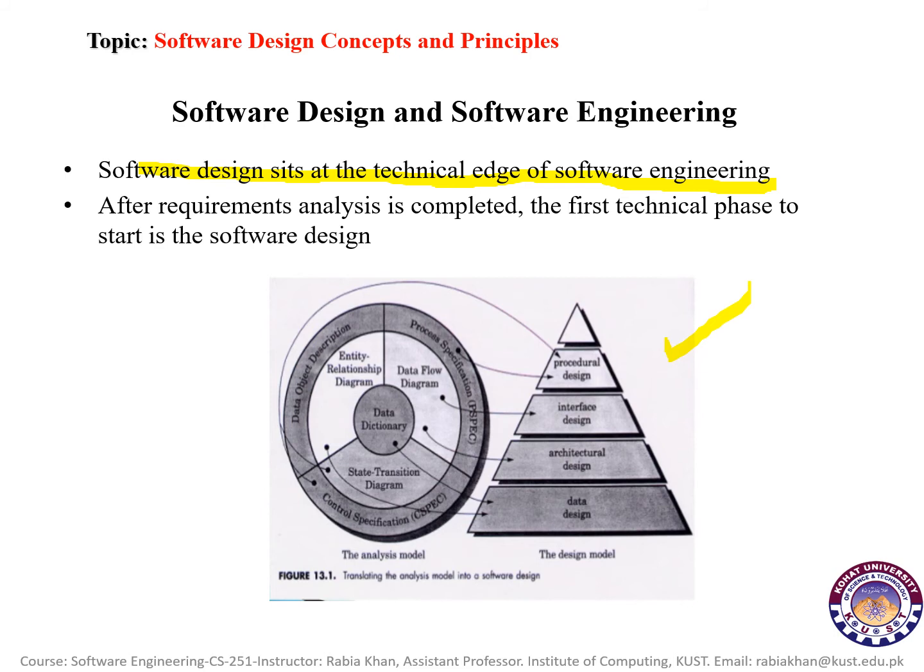So here you can see the entity relationship diagram, which is the output of the previous analysis phase, and during that phase we generated data models. During data models we develop entity relationship diagrams.